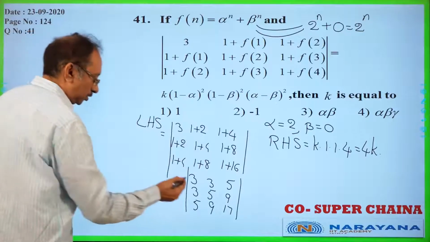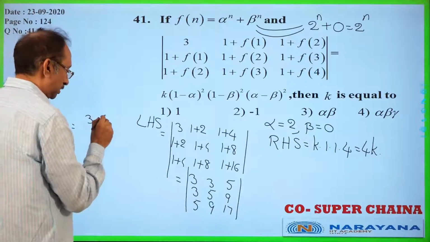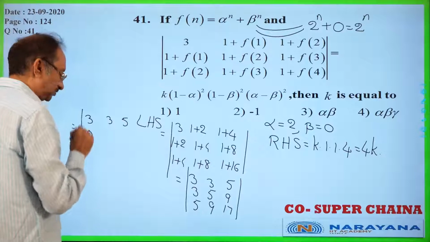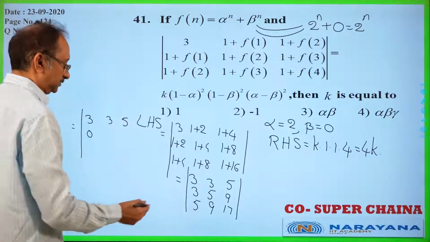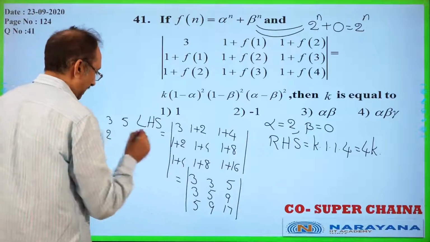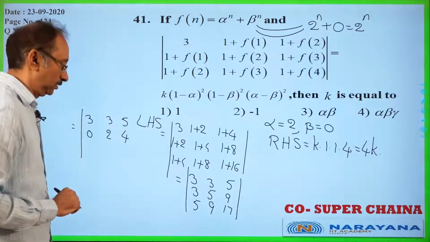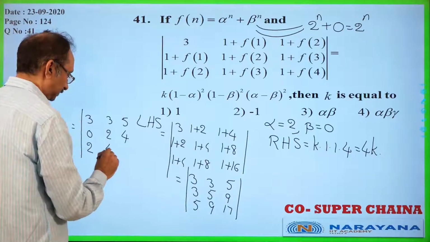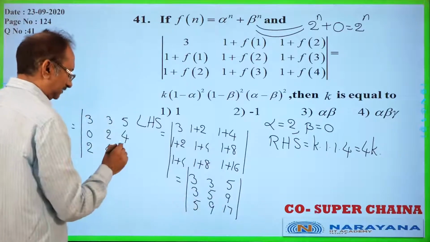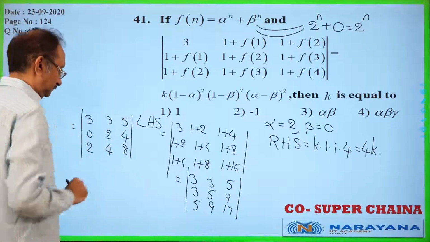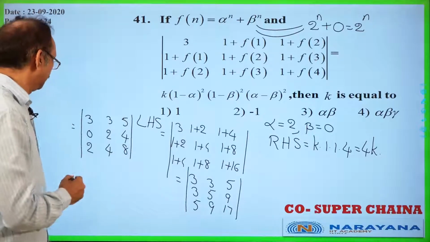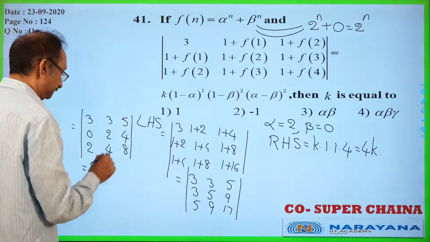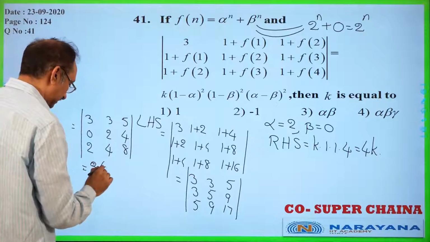So that is equal to, now I will take R2 minus R1, elementary operations, with this operation, determinant does not change. 3 minus 3, 5 minus 3, 2, 9 minus 5, 4. And now 5 minus 3, 2, 9 minus 5, 4, and 17 minus 9, that is 8. Okay. And now the elements are very low value, so I can expand now. 3 into, this is 16 minus 16, this is 0.